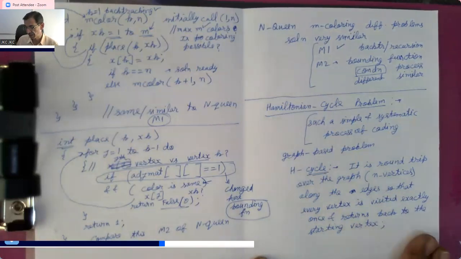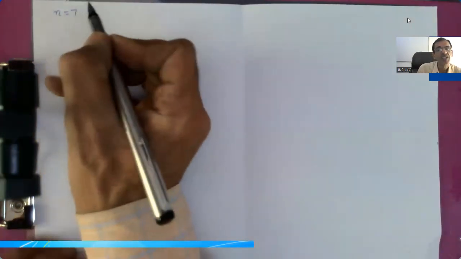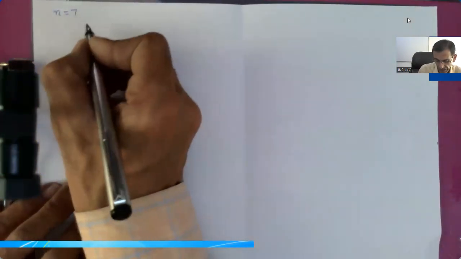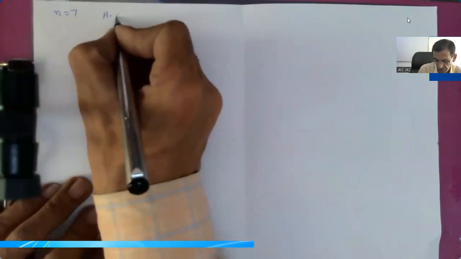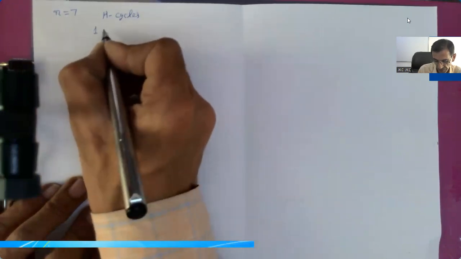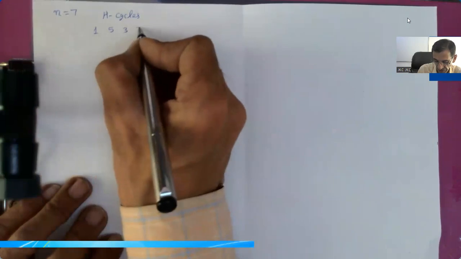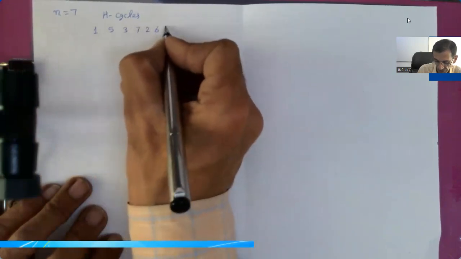For example, let's assume I have a graph of n vertices, n equal to 7. Then I need a cycle. A Hamiltonian cycle means all vertices will be covered. Let's say I started from 1. Maybe a cycle is 1, 5, 3, 7, 2, 6, 4.